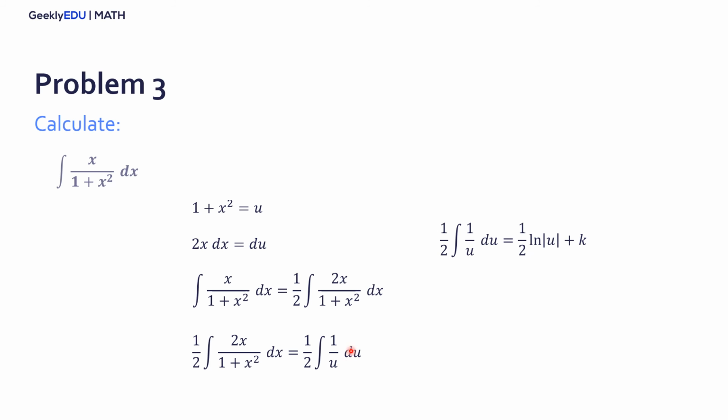The integral of 1 over u du is the ln of u plus k, right? So our original integral equals half of ln of u plus k. And we know that u equals 1 plus x squared. So this integral equals half of ln of 1 plus x squared plus k.